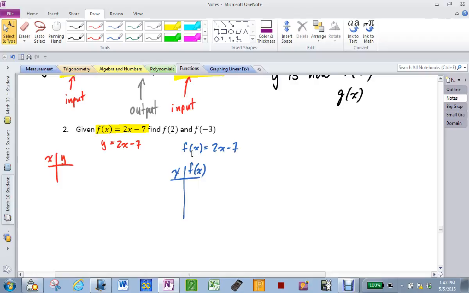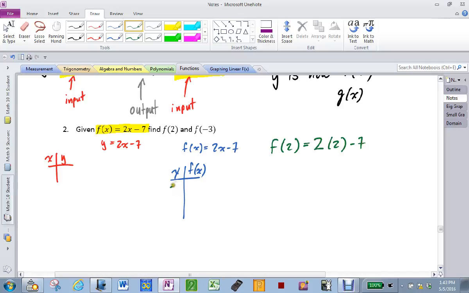Okay. Now, I want you to find me the f of 2. Now, what up until this point has lived inside these brackets? X. But now that x is a 2, isn't it? So the f of 2 must be 2 times what? 2 minus 7.